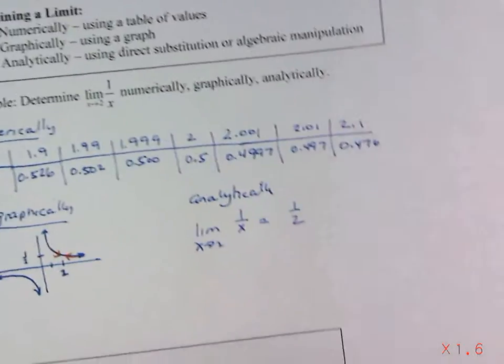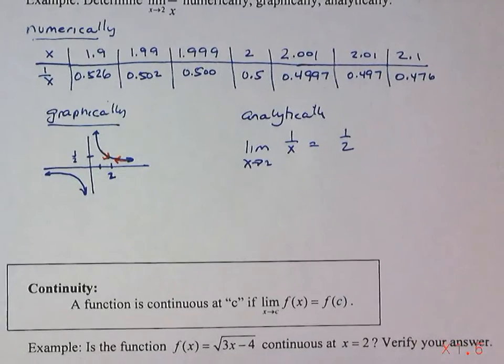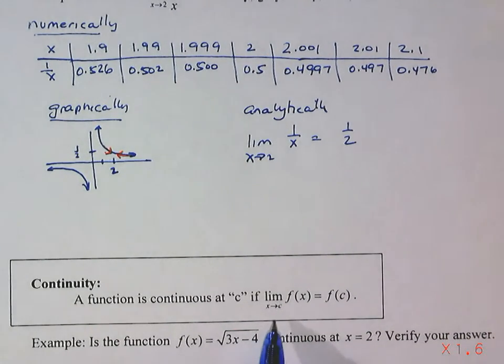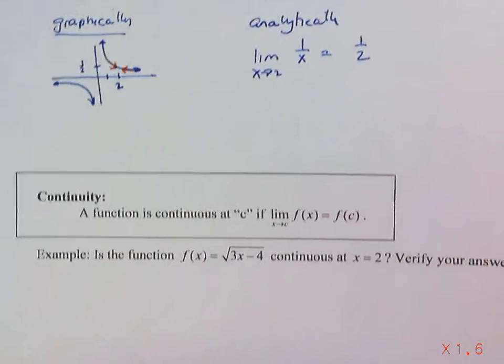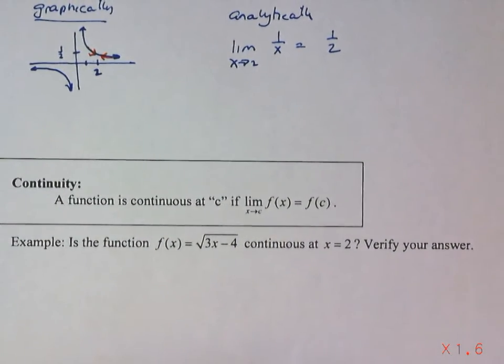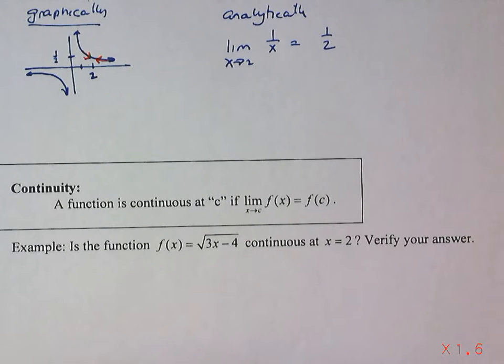Now we're going to start talking about continuity. A function is continuous at c if the limit as x approaches c of f of x equals f of c. So for an example, this function f of x equals the square root of 3x minus 4. Well, I know what the graph of that looks like, but I want to see if it's continuous at x equals 2.